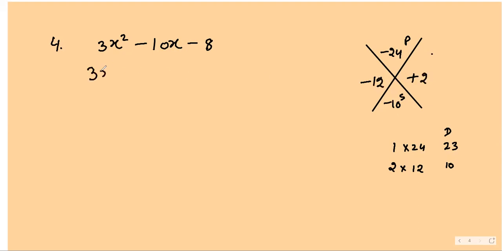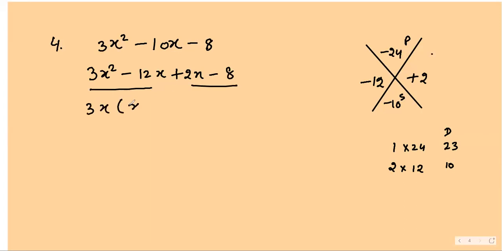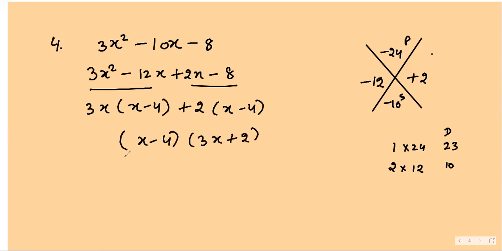So in place of minus 10x, we'll write minus 12x plus 2x minus 8. Making up pairs, we take 3x common, we get x minus 4 inside. Take 2 common, we get x minus 4 inside. Now we take x minus 4 outside and we are left with 3x plus 2, right? So these are the two factors for the given polynomial.